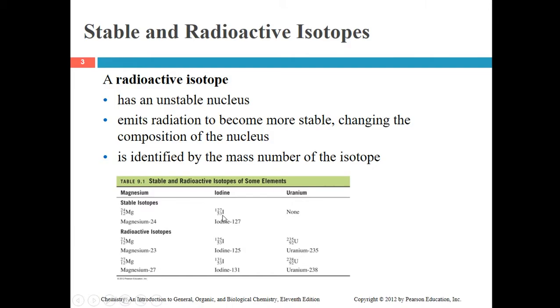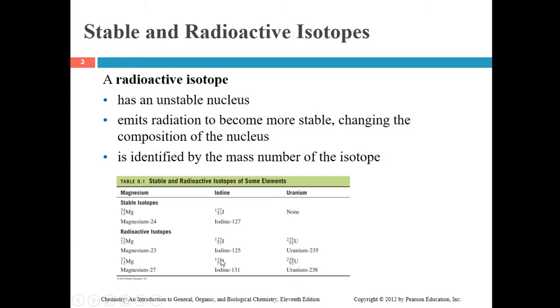Now, iodine's another example. Stable isotopes, iodine-127 is probably the iodine that you might be scrubbing to clean different surfaces if you work in any sort of hospital or vet clinic or anything. But there are some radioactive isotopes of iodine that are unstable. And one of the more common ones that's used if you have thyroid issues is they're going to possibly run a test with iodine-131.